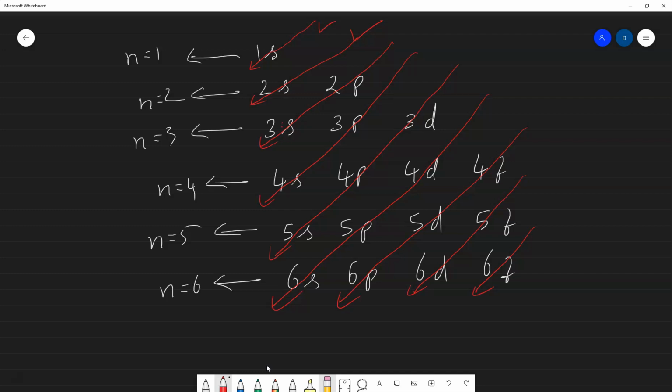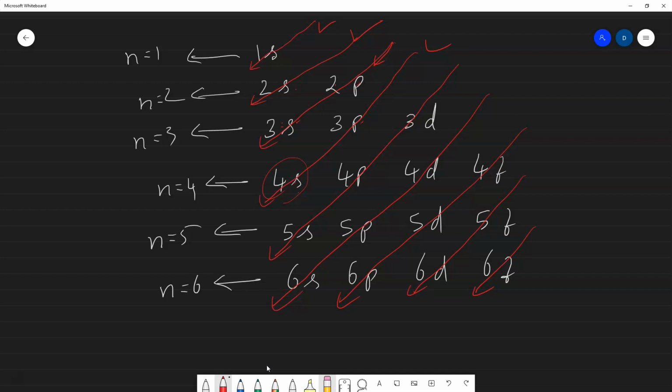Sorry, you start from the arrow, isn't it? After that you next fill 2p, 3s, then you fill 3p and 4s. See, look here, you got that 3p, 4s. You follow this diagram.